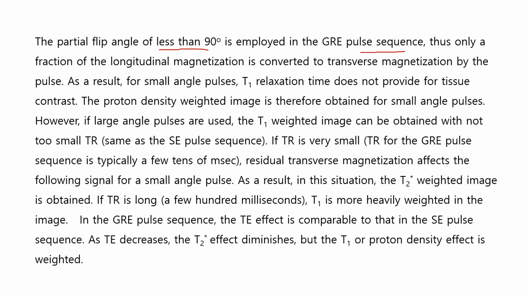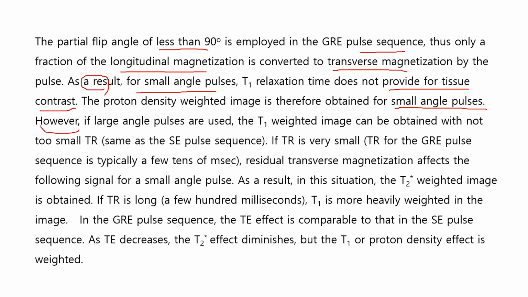Thus, only a fraction of the longitudinal magnetization is converted to transverse magnetization by the pulse. As a result, for a small angle pulse, T1 relaxation time does not provide tissue contrast. Okay. The proton density weighted image is therefore obtained for small angle pulses.